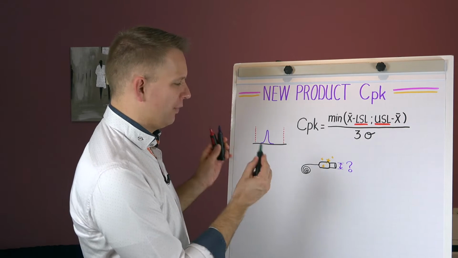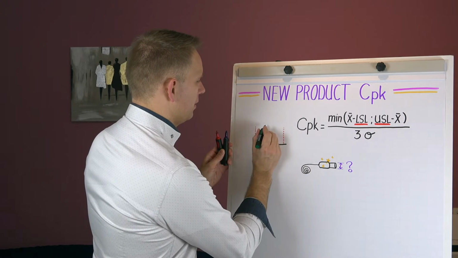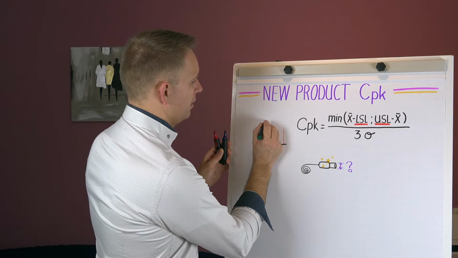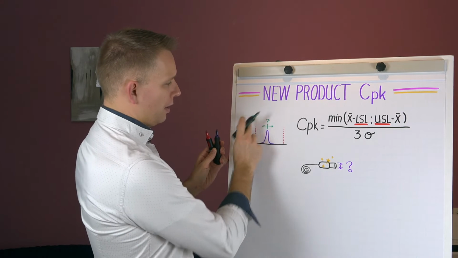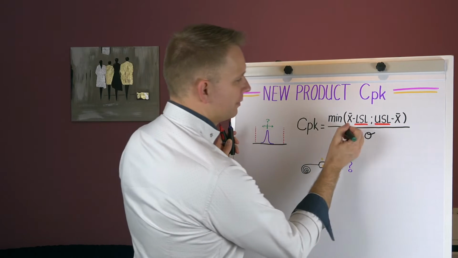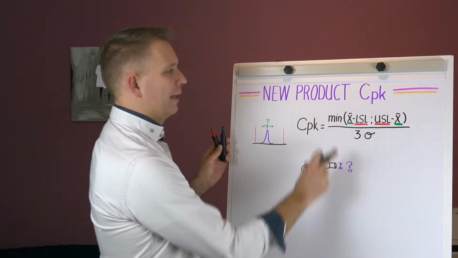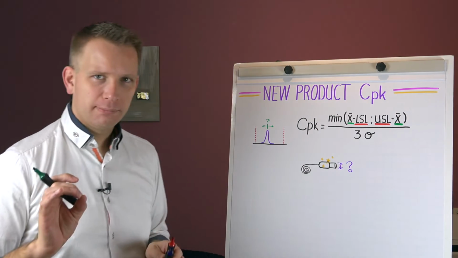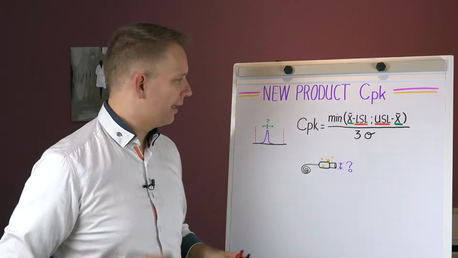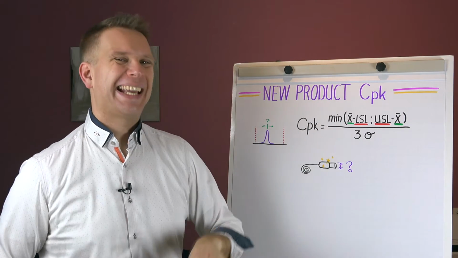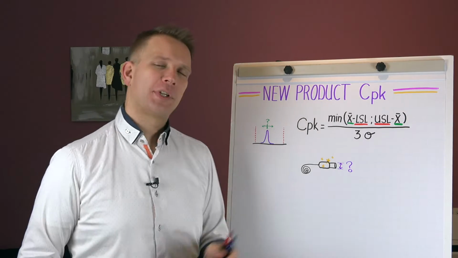And let's make that a green one here. Where is the middle? That one, that's the reason why I just said we're probably going to be calculating CP, not CPK, because that one is going to be very difficult.